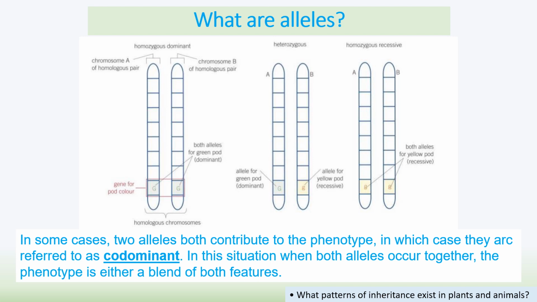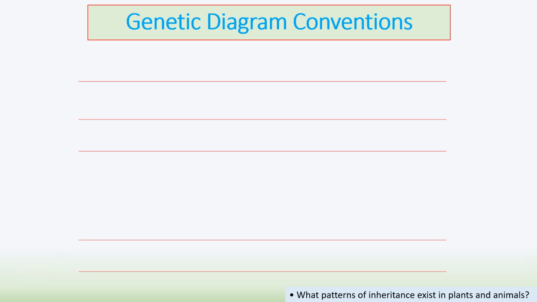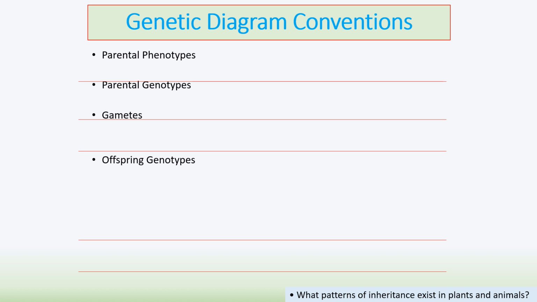It is called codominance. You will notice that there is a genetic diagram convention, and that is the first thing you should always put is the parent's phenotype, followed by the parent's genotype, followed by what will be present in the gametes, followed by the genetic cross with the offspring genotypes, and then finally the offspring's phenotypes and ratio.